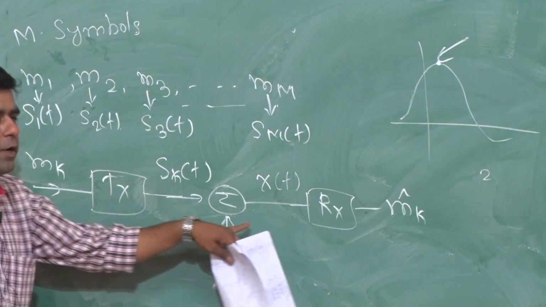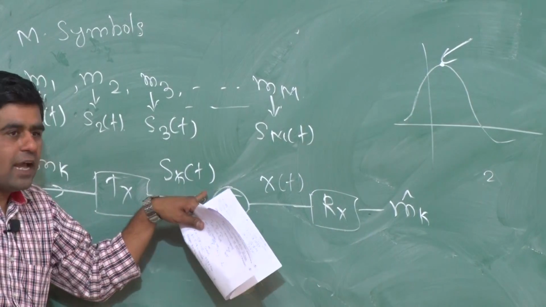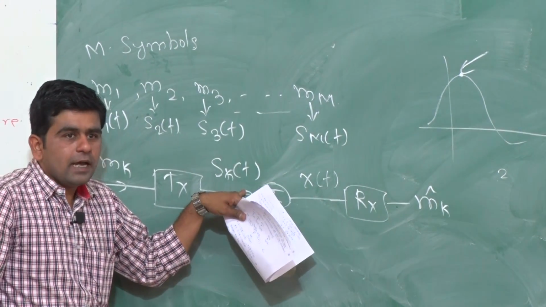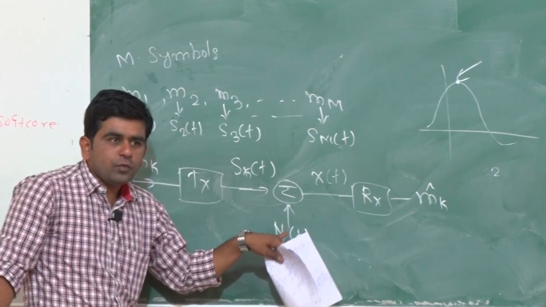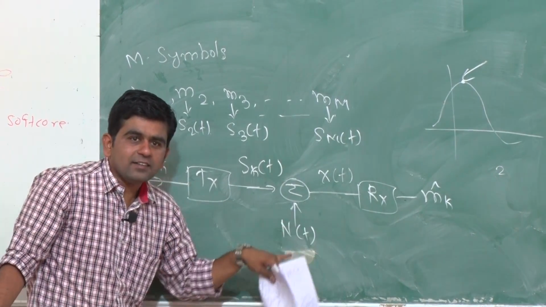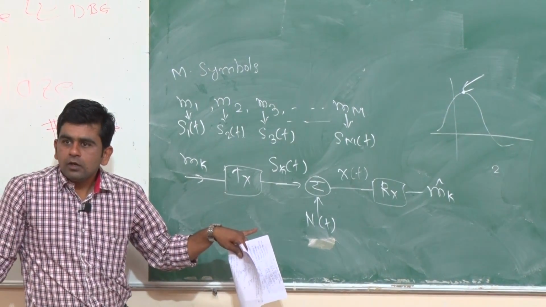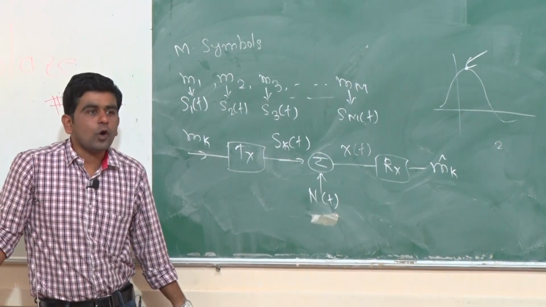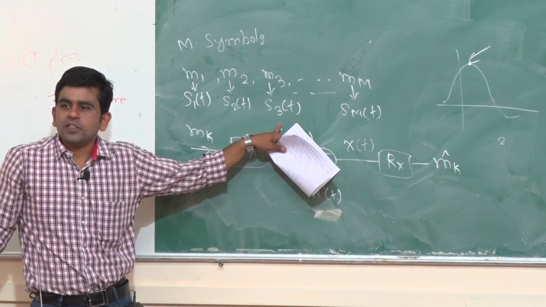Now see here, this is the input to the receiver. One input is sk of t, where k ranges from 1 to capital M. Our job is to represent these M symbols, M signals, in signal space analysis. For its geometric representation, we require capital N basis functions.